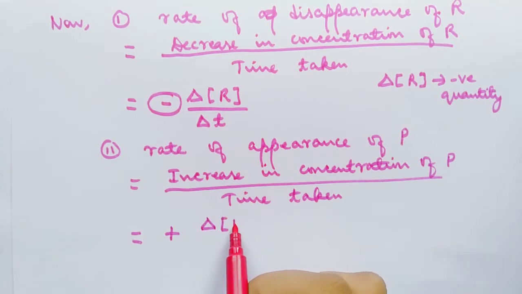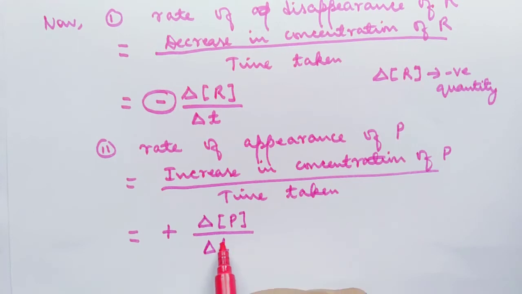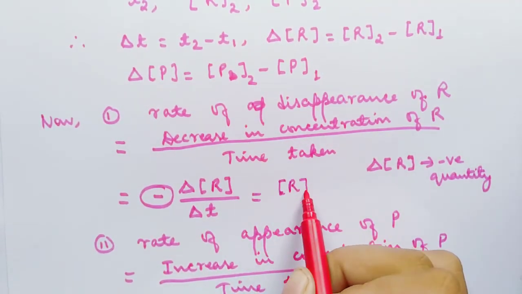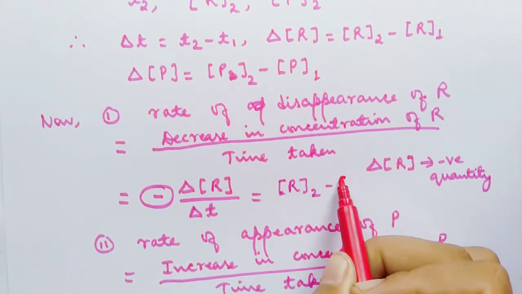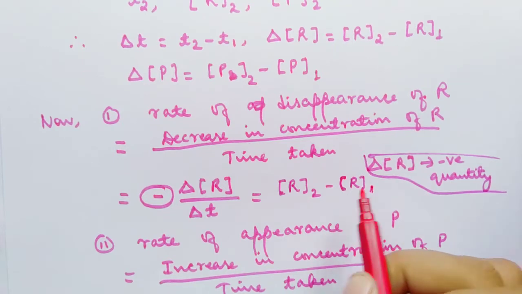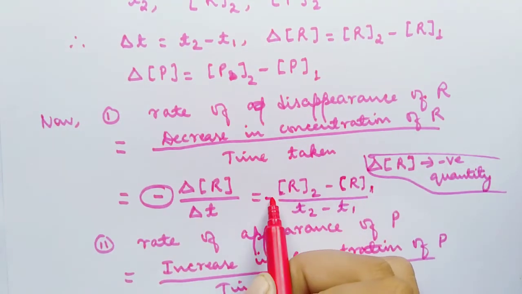Delta P, change in the concentration of the product by delta T. Okay, here you can write this one as R2 minus R1 divided by T2 minus T1, here with a negative sign.